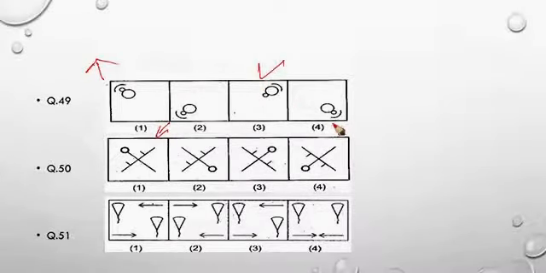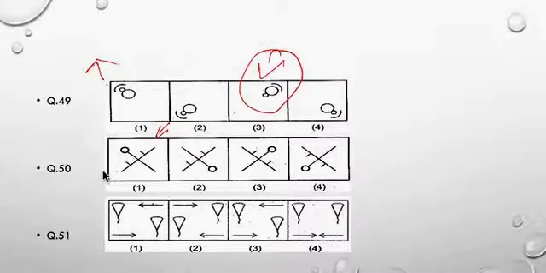Let's examine problem figure 4. In problem figure 4, the sequence is the same as the sequence in option 1 and option 2. So on the basis of similarity, we can say that problem figures 1, 2 and 4 are the same, while problem figure 3 is different.